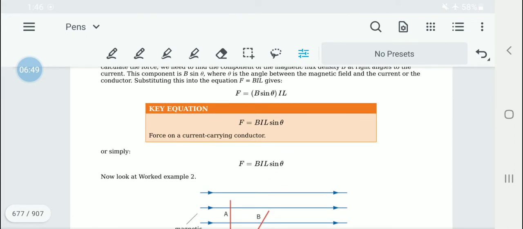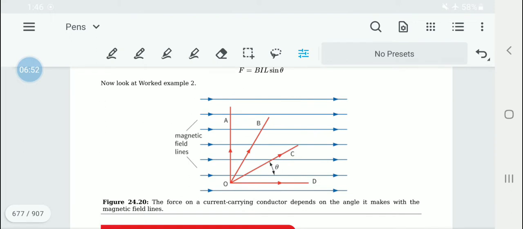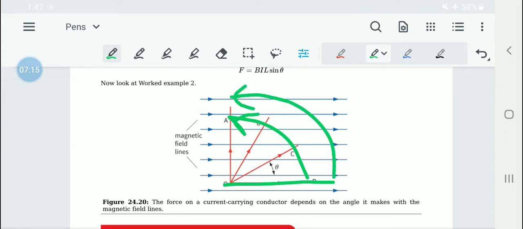As a result, from OA, this point, it would show the highest force that can be generated. Then OD, because it does not cut any of the field lines, there wouldn't be any force generated. But between these two, from 0 to the maximum, it increases from here to here.